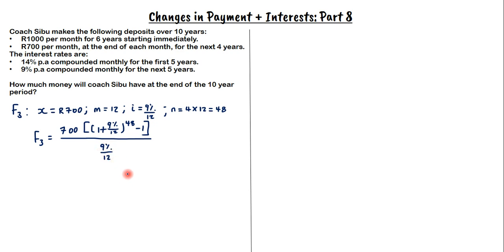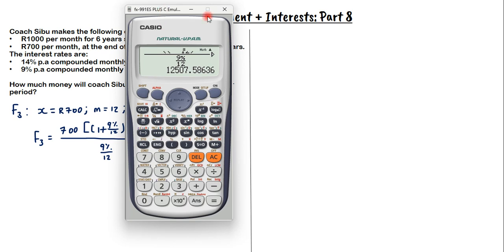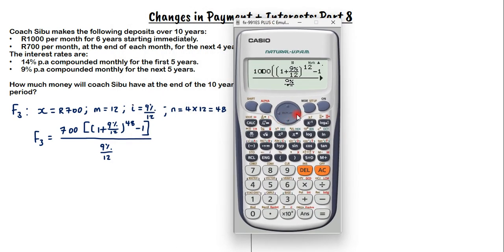Now let's go into our calculator again and just edit what we have here. So remember, we're changing this to 700, and then we're changing our period, which is 48. All right, so double check 700, 9%, 48. Good.